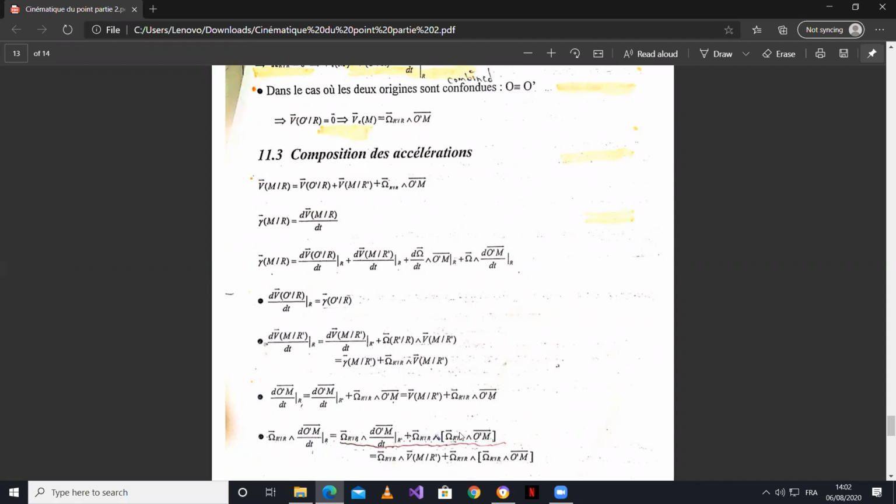I know they have gone on to expand it, but if you don't get confused, you can keep this as a factor outside, then you derive de O prime M dt dans R first of all, you get your answer, then you can introduce this and you have something like this one.